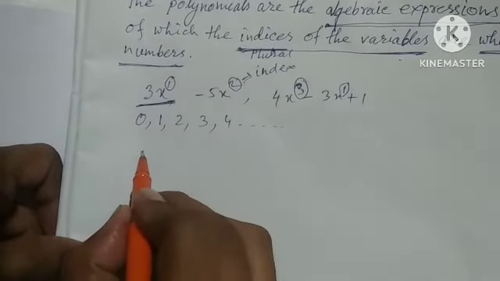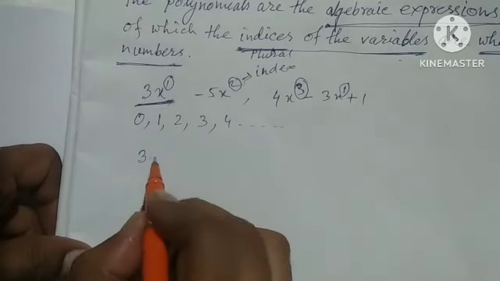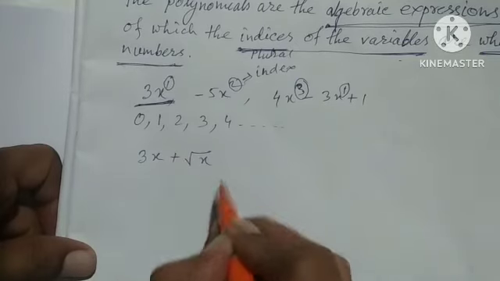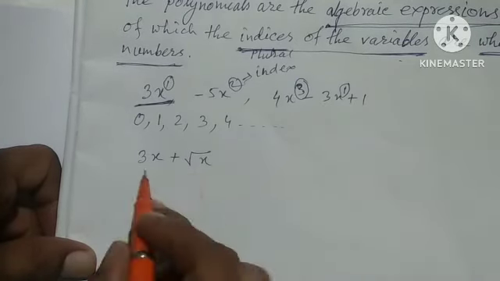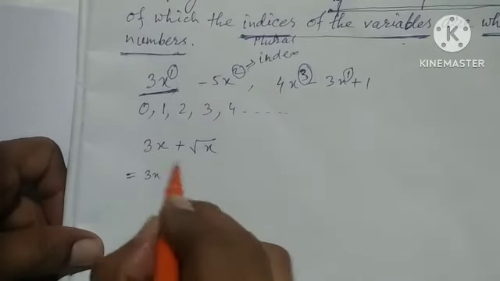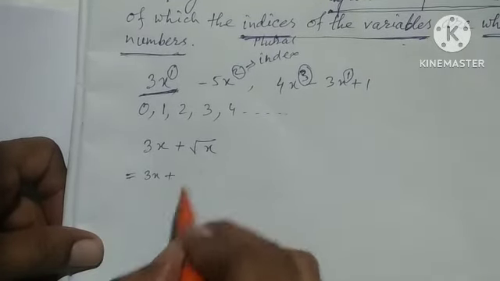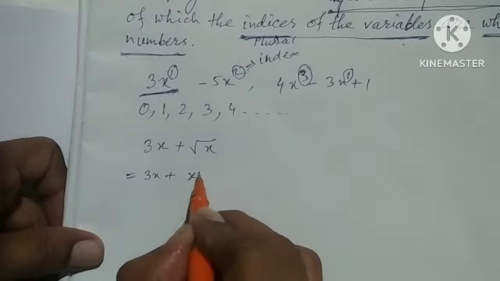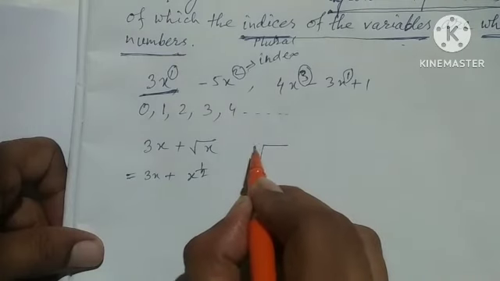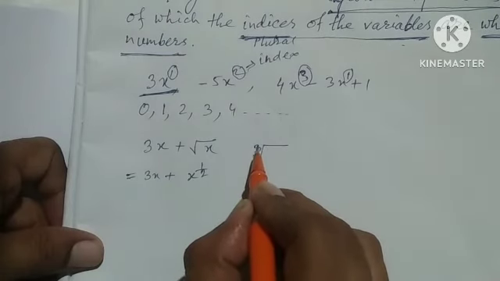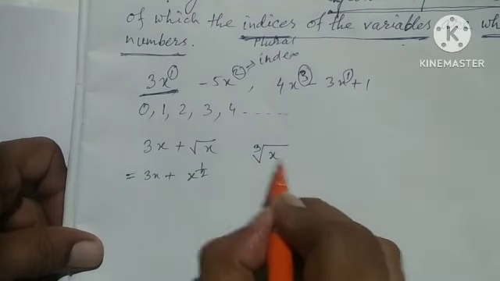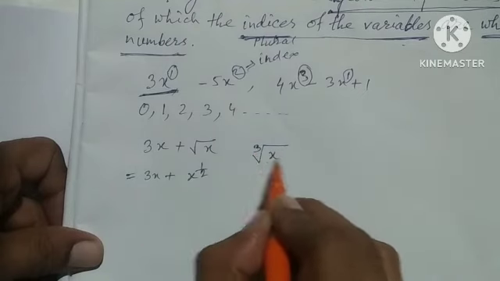Suppose 3x plus root x, is it a polynomial or not? Because root x means x to the power 1 by 2, and if there is any number given here, then it is called cube root of x.